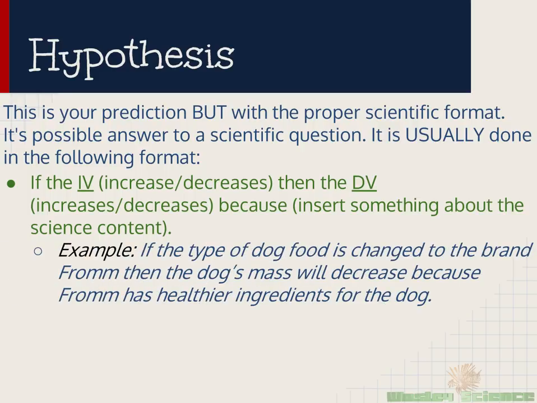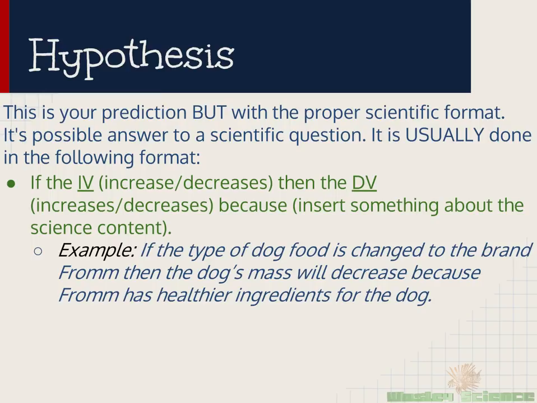Our example, going back to the dog: if the type of dog food, there's the IV right there, is changed, and notice I used the word change and not increase or decrease because I'm talking about a type of something. You can't increase or decrease a type, right? Is changed to the brand, which is a holistic organic brand in case you're unfamiliar, then the dog's mass will decrease because the brand has healthier ingredients for the dog.